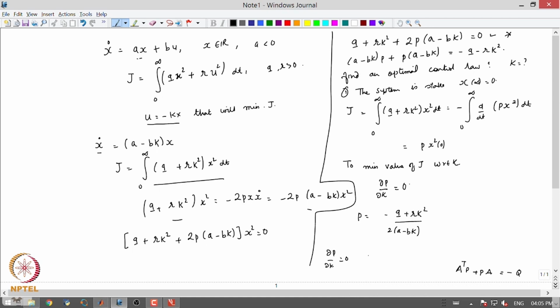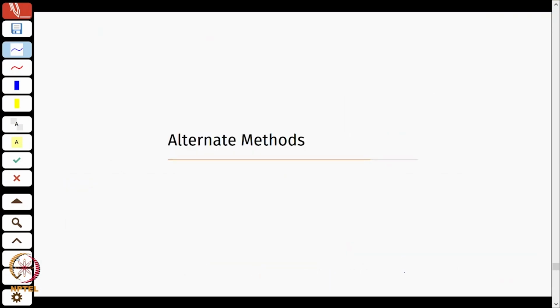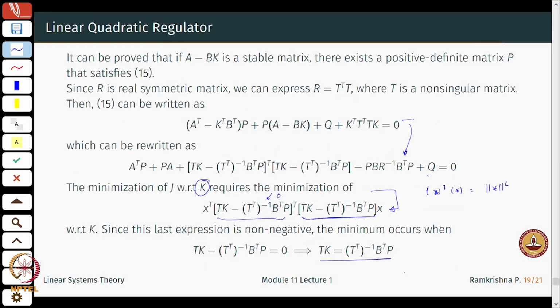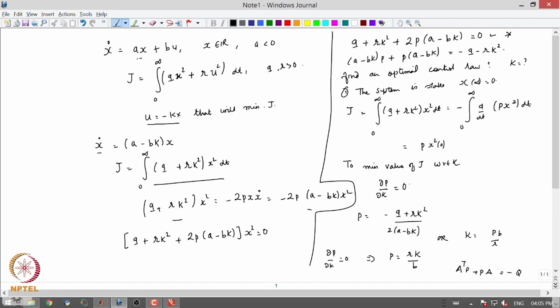I will do all the math here, and it will turn out that p is r k over b, or in other words the optimal control law k is p b by r, similar to what we had here, right. So, what was the optimal control law here? In the scalar case, this will be b p over r. That is what we just derived here, right, in a very simplistic way.